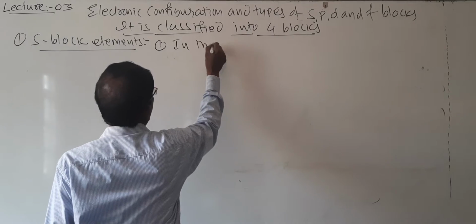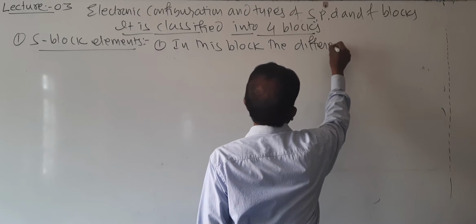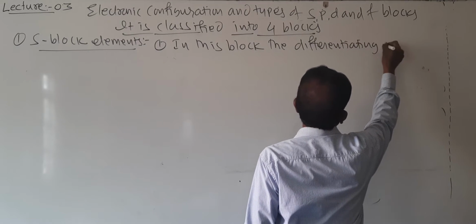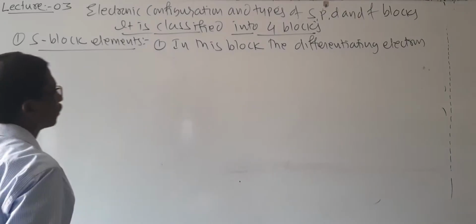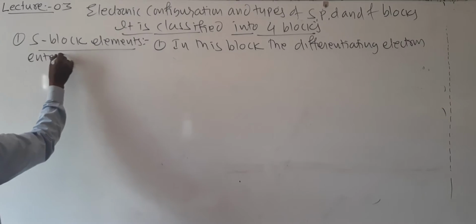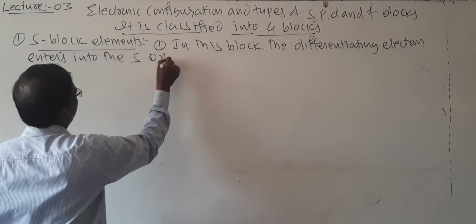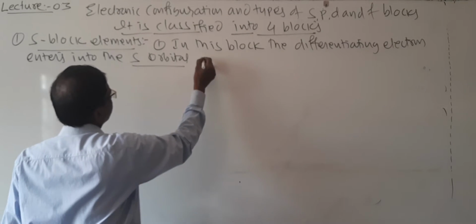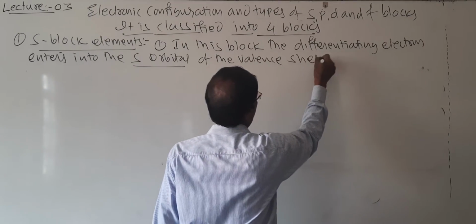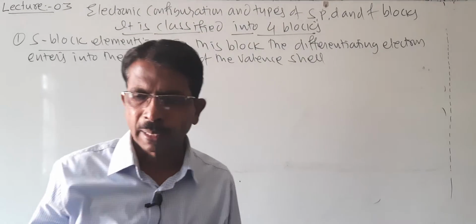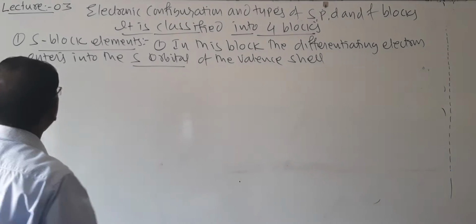In this block, the differentiating electron, differentiating means last electron, enters into the s orbital of the valence shell. The differentiating electron enters into the s orbital of the valence shell. Remember.